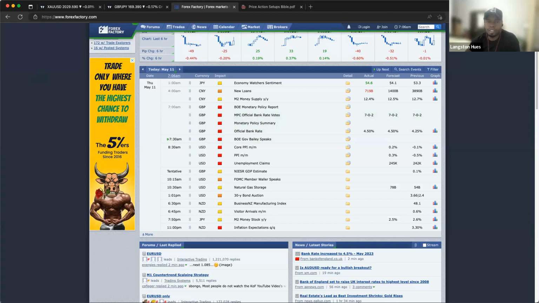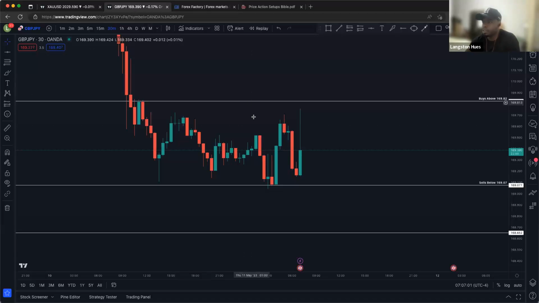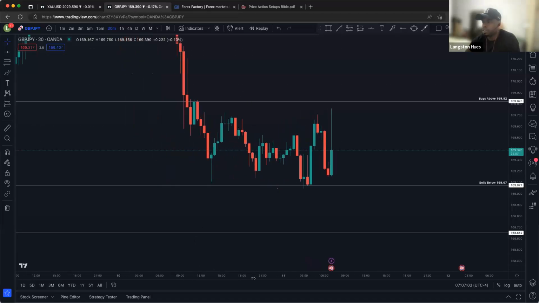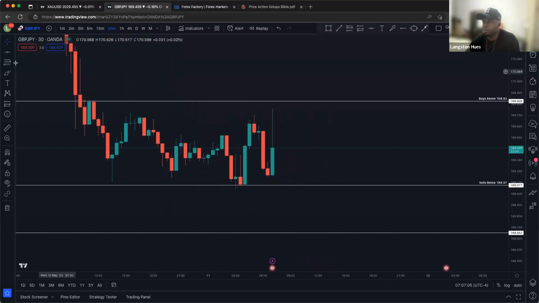So we could potentially see price for the British pound drop to continue the trend it was in, which would also explain why there is this huge rejection right here. This level's holding firm.